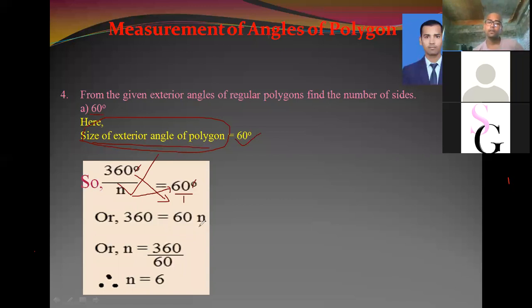Because of the multiplication, we divide 360 by 60. So n is equal to 360 by 60, so n is equal to 6.